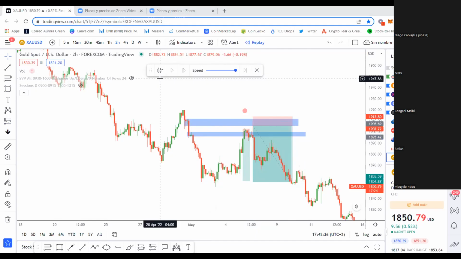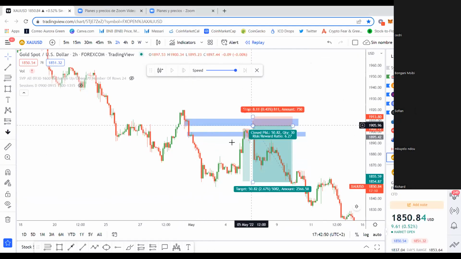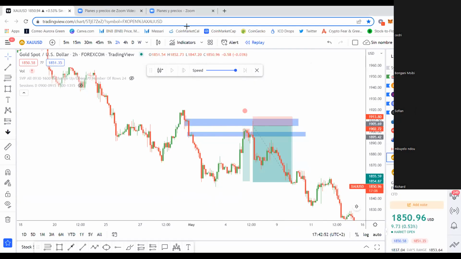Let me repeat this one last time. Fresh supply and demand zones are a strong indecision candle followed by a strong candle. Then zones that still haven't been tested.